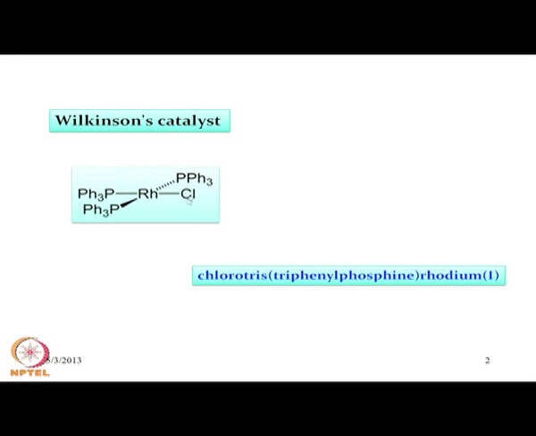The Cl has 1 trans PPh3 molecule and 2 cis PPh3 molecules. The positioning of these groups is important for the different catalytic reactions, and some important reactions based on this are well known. It is a dark red powder compound, which we can make from rhodium chloride and triphenyl phosphine as the ligand.